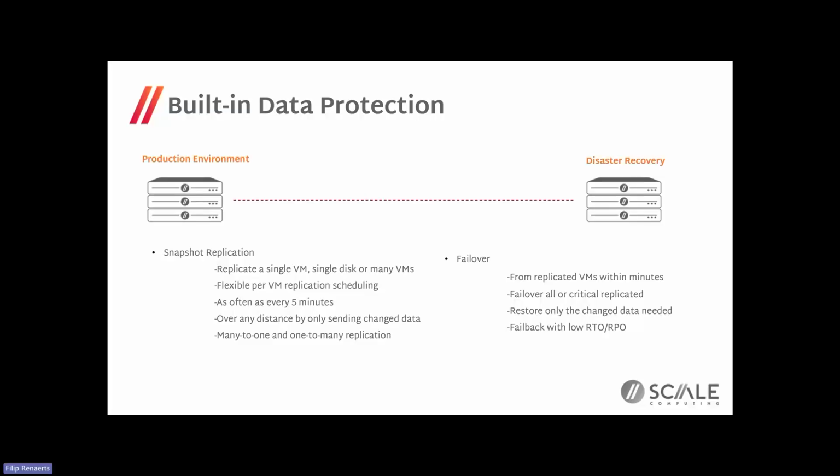So you can replicate just a single virtual machine or all your VMs. You have a schedule per VM, and you can do that every 5 minutes. And this allows you to have an RTO of 5 minutes. When you want to restore, we only restore the change data, so that is a quite fast process.